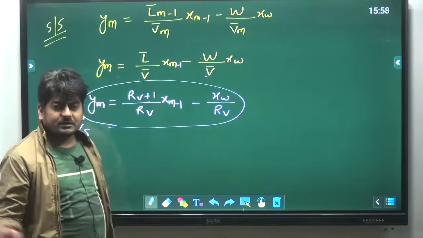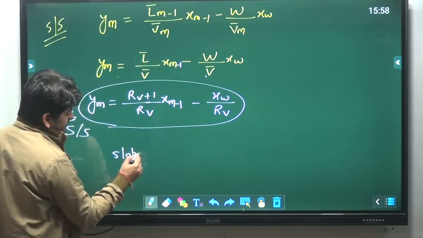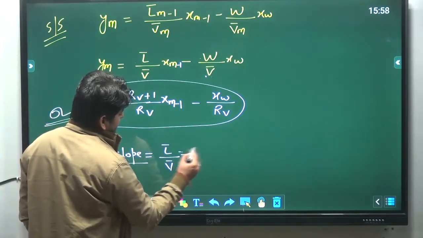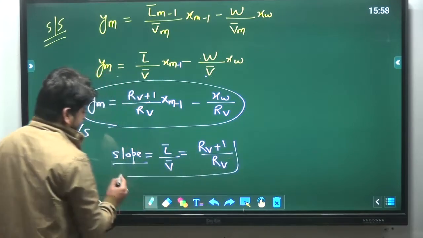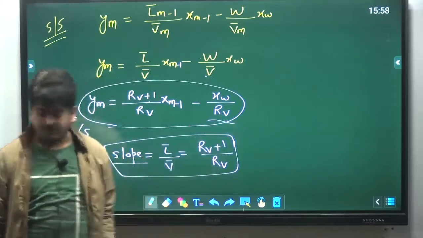And again for a stripping section operating line, you can see the slope, which was L bar over V bar, will be equal to RV plus 1 over RV. And similarly the intercept will be XW over RV.